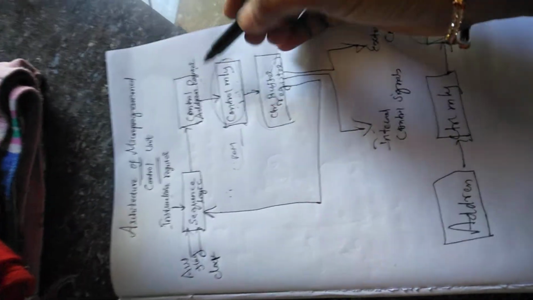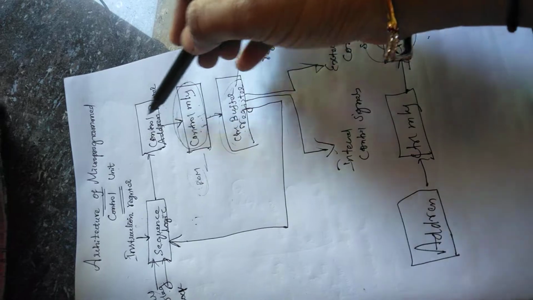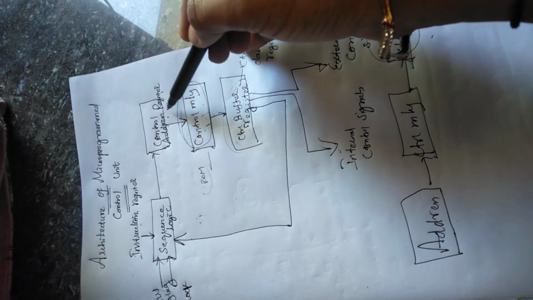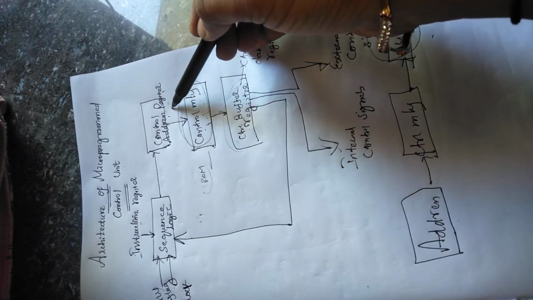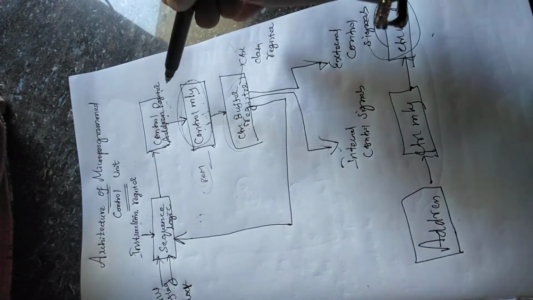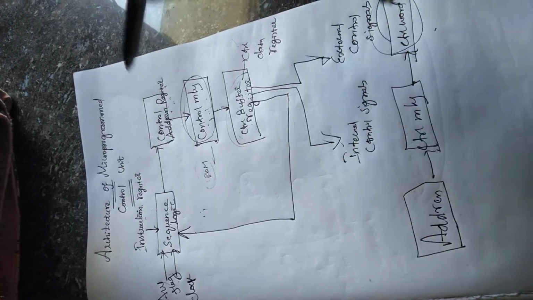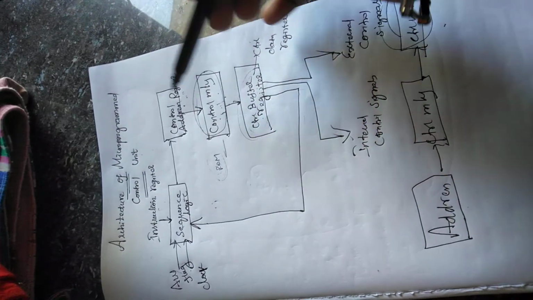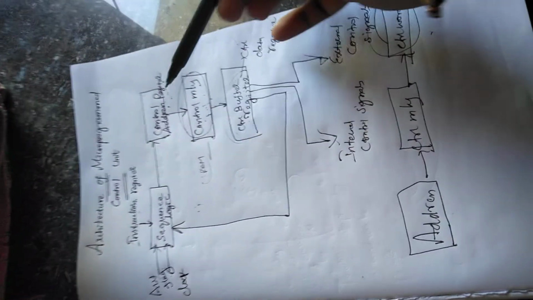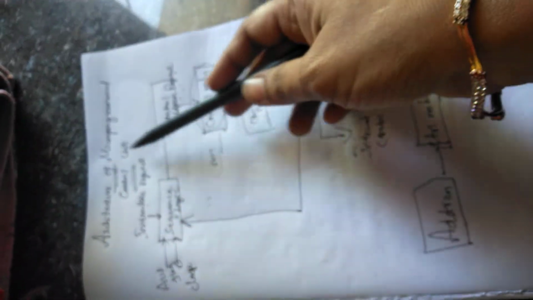The control address register stores the address of the control word that we require, and it specifies the address of the micro instruction. So this is all about the architecture of the microprogrammed control unit.